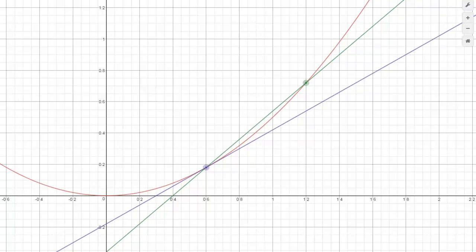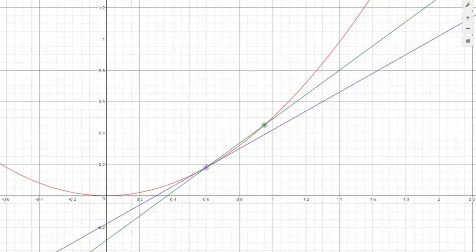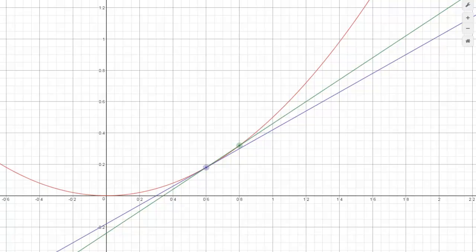And if I keep making delta x smaller, see this h value over here, that's like my delta x. So delta x is 0.55. Then delta x is smaller, smaller, smaller. As delta x gets smaller and smaller, those two lines get closer together.